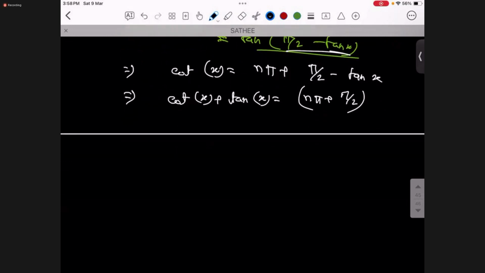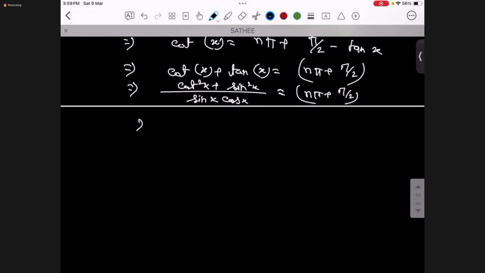Fine. Now, how we can write this thing? So, the lower term will be sin x cos x, and the upper term will be cos square x plus sin square x, which will give us 1. And this will give n pi plus pi by 2.